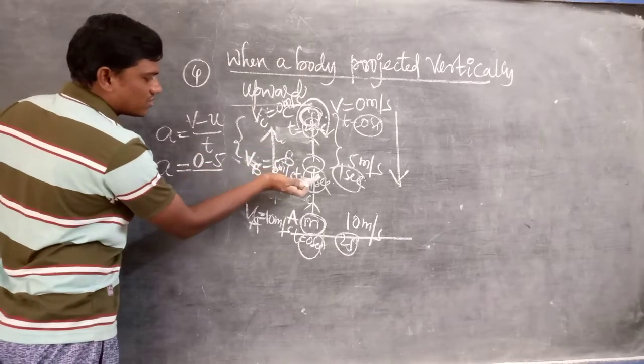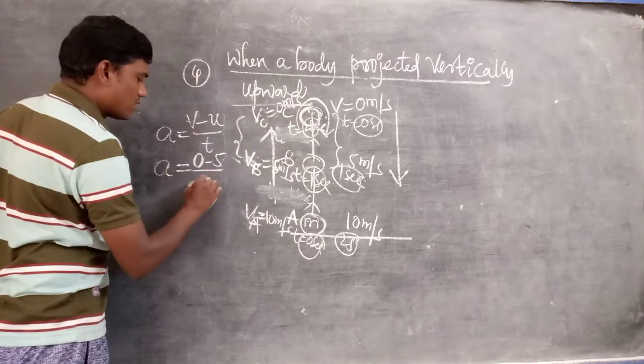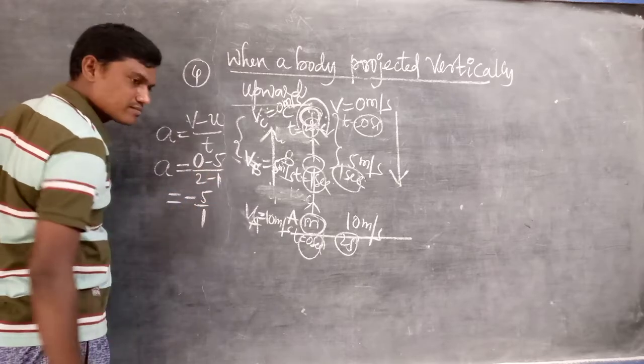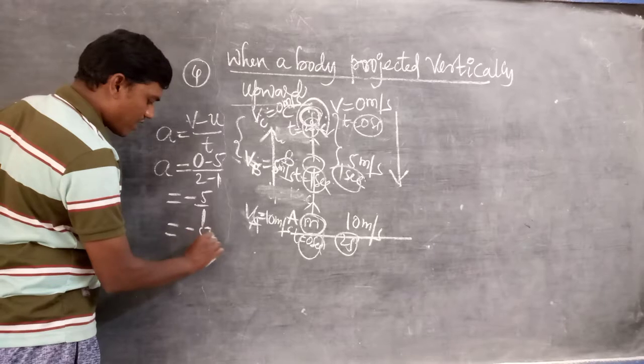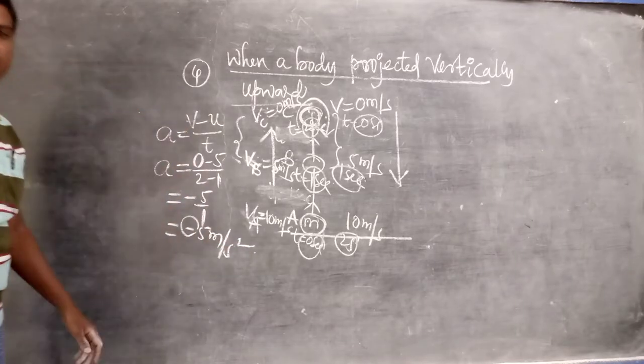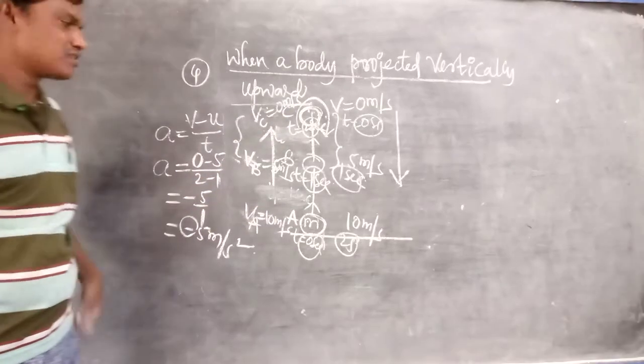What is the time? It is 2 seconds, it is 1 second. So t2 minus t1 means 2 minus 1. That's why minus 5 by 1, then minus 5 meter per second square. Here the minus sign represents that the velocity is decreasing. That is the meaning of that.